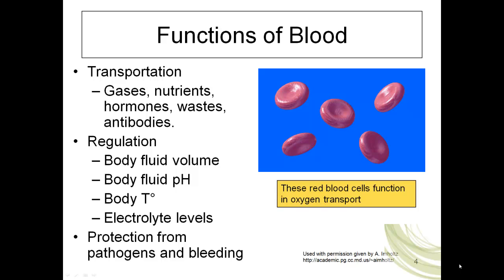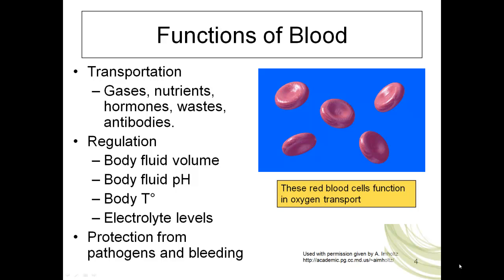Alright, so what is the function of blood? Well, blood transports many things. It transports our dissolved gases like oxygen and carbon dioxide, as well as anything else dissolved in the plasma compartment like nutrients, say for example free amino acids or fatty acids and glucose, hormones. It also carries away waste from the tissues of the body, and antibodies.